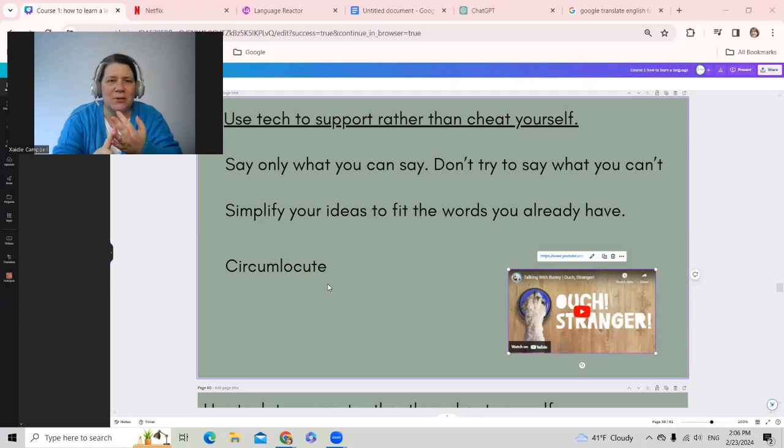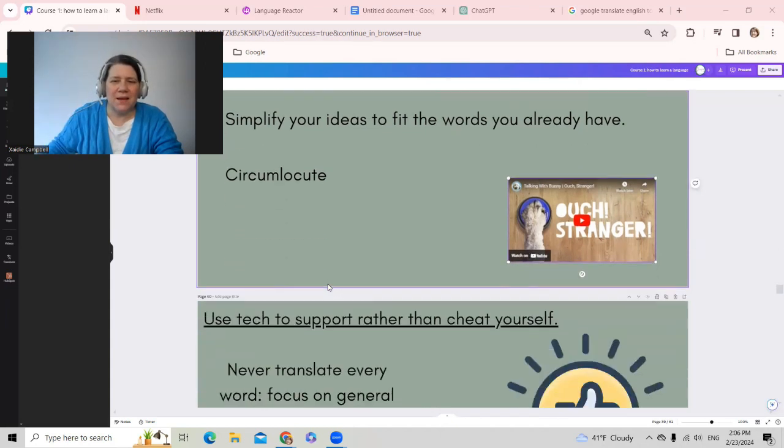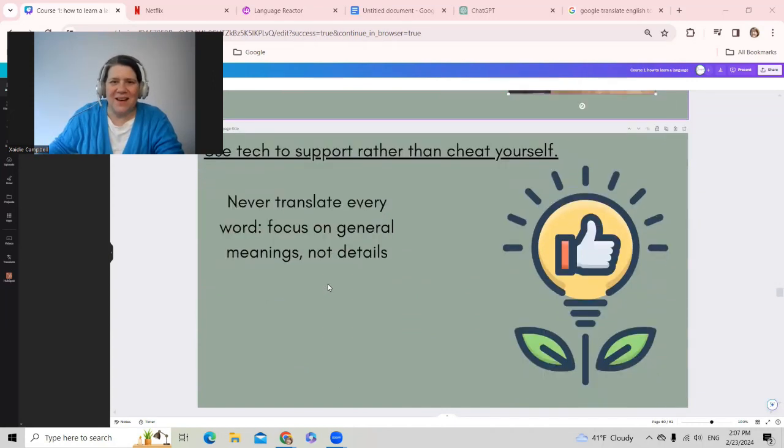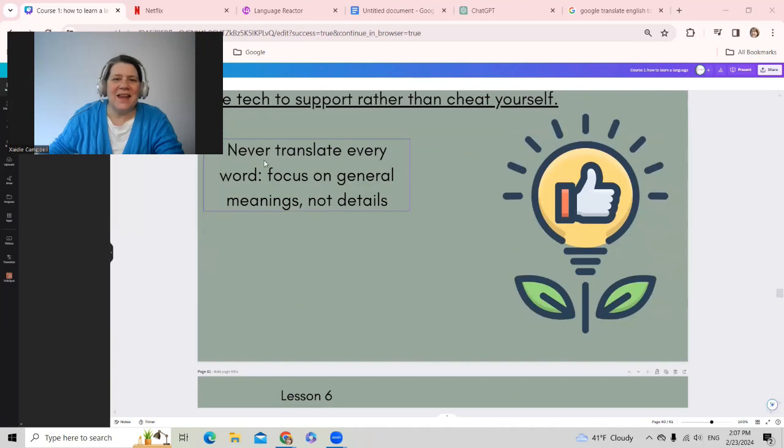And then she circumlocuted. Every language learner needs to know how to do this. And it comes with just knowing, oh, I need to simplify what I want to say. So be like Bunny, learn like Bunny. All right. And then, as I said earlier, never translate every word. Focus on general meaning, not detail.